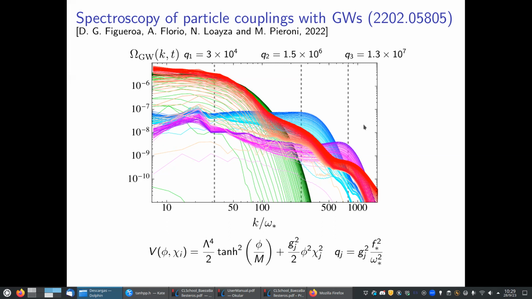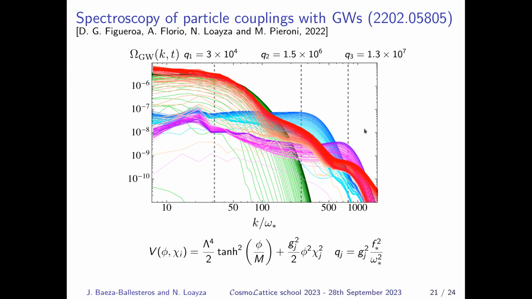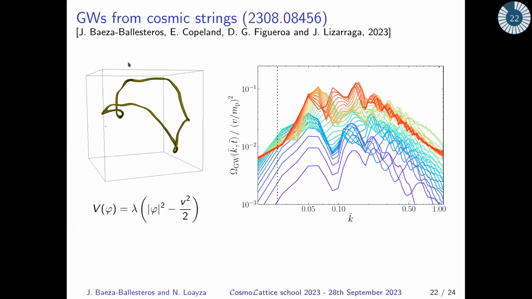So the other case I wanted to discuss is another work in which we have studied cosmic strings. Danny was mentioning before that when you study networks of cosmic strings, you have this problem that you cannot capture all the infrared, because strings can be arbitrarily large, and you cannot be larger than the strings.